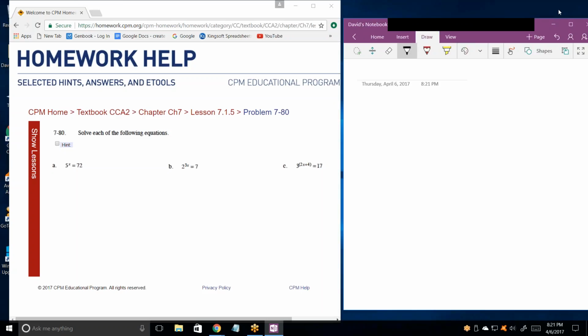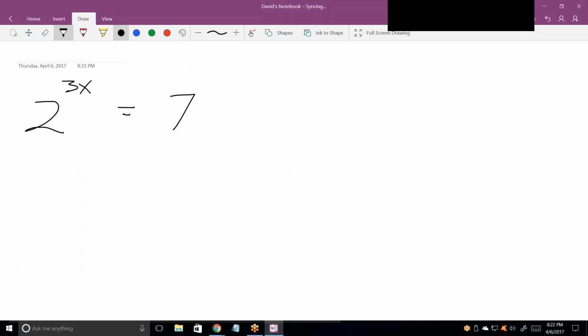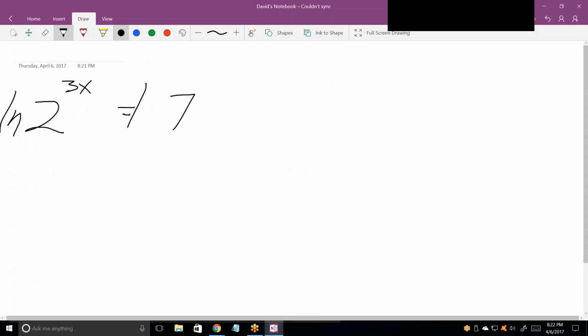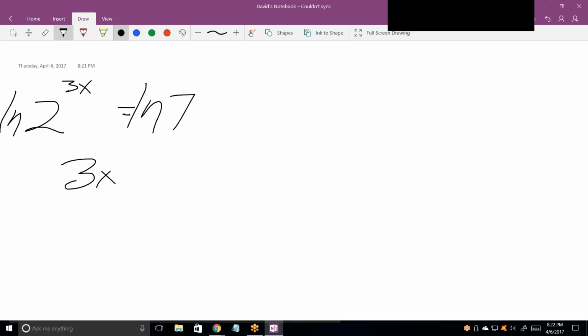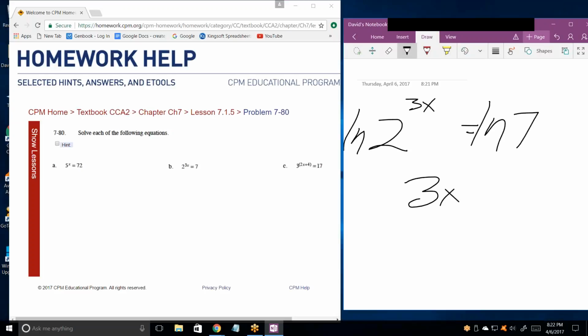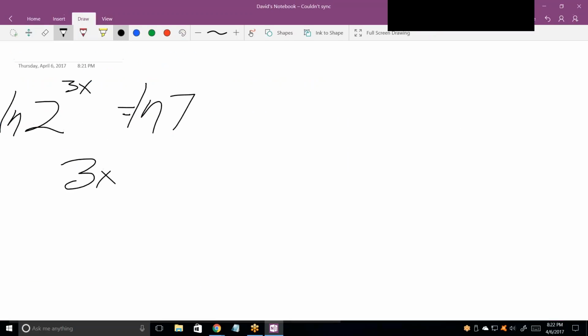All right, next one is 2 to the 3x equals 7. Solve that. Log of both sides. Now what? Put the 3x. I thought it was 2x. Was it 3? Yes. No, it's 3.